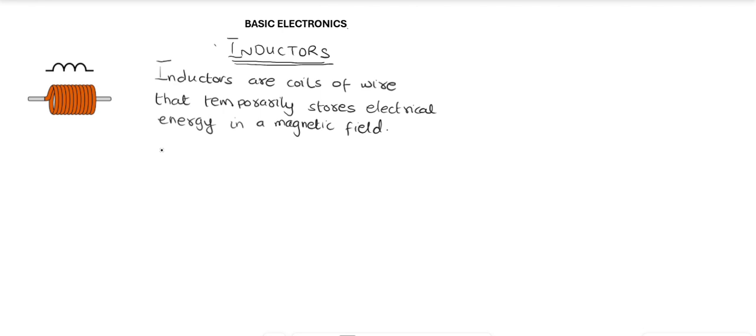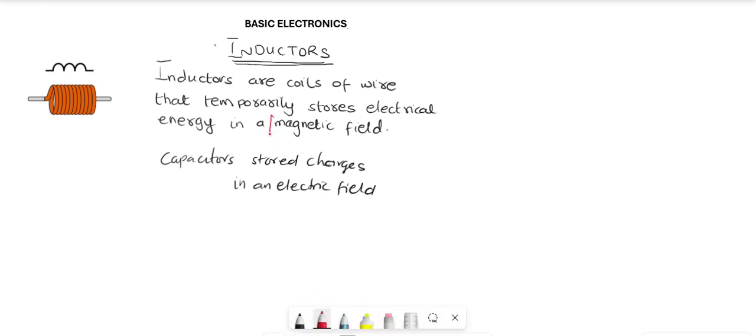Remember that I told you that capacitors will store charges in an electric field. But for inductors, they do so in what?